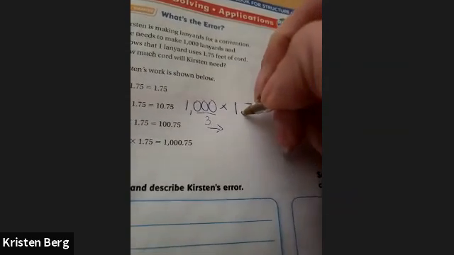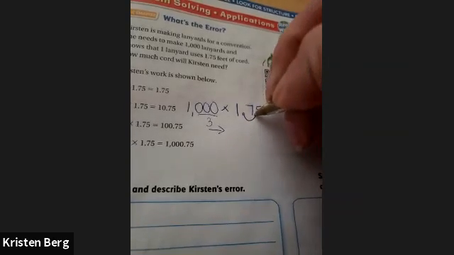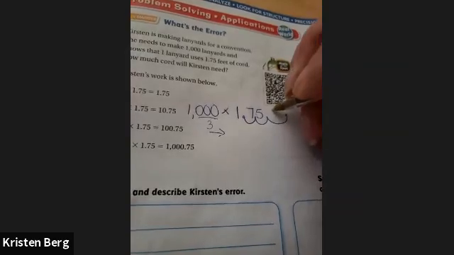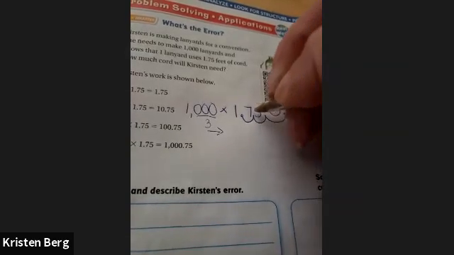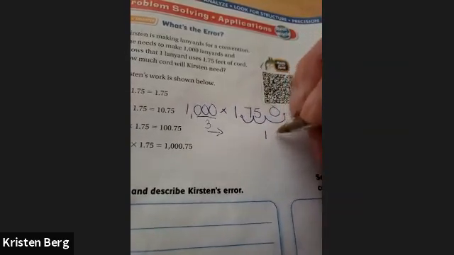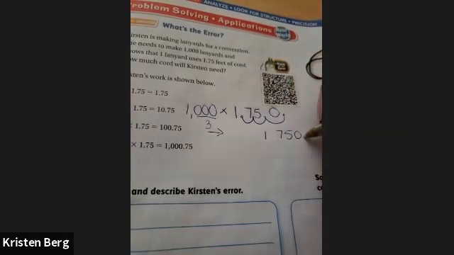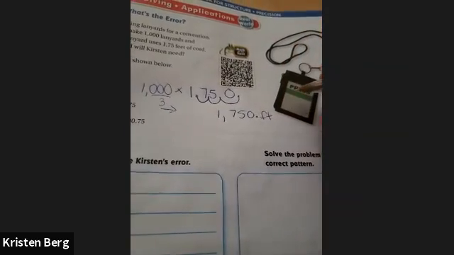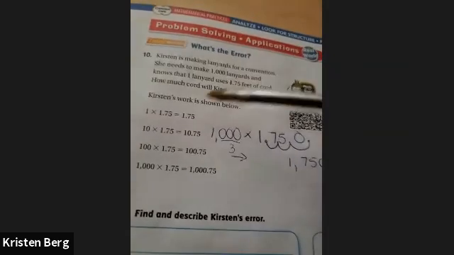So I'm going to take this decimal, I'm going to go outward. That's 1, that's 2, and that is 3. So therefore, her answer should have been 1,750 feet.